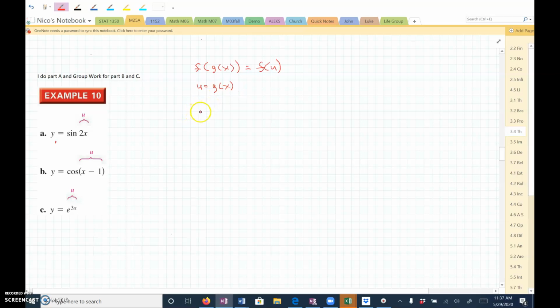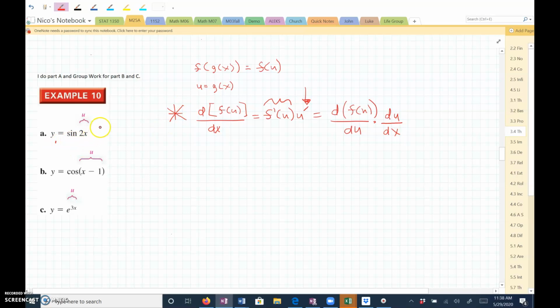So if I take the derivative of f of u with respect to x, that is equal to f prime of u times u prime. Another way to think of this: f prime of u is the derivative of f of u with respect to u, and u prime is the derivative of u with respect to x. Okay, so they're all saying the same thing.